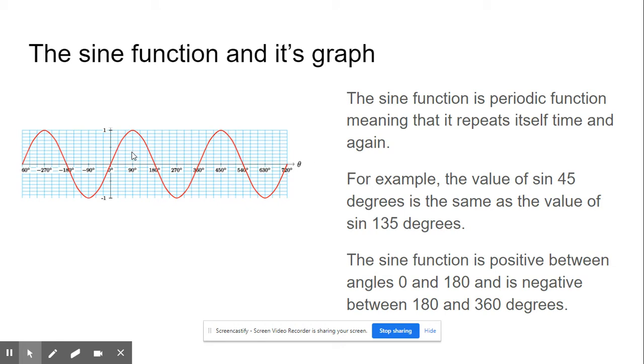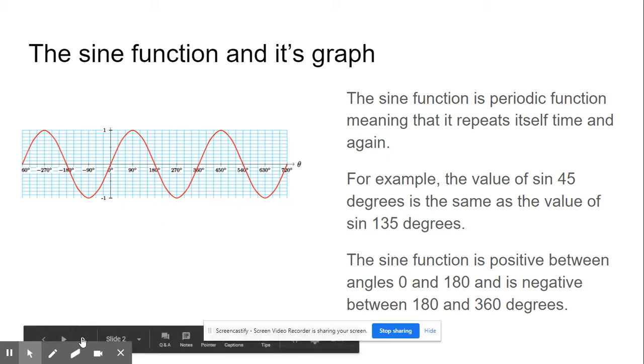For example, the value of sine 45 is the same as the value of sine 135. Notice that the sine function is positive in the first two quadrants between 0 and 180, and is negative in quadrants 3 and 4 between 180 and 360.